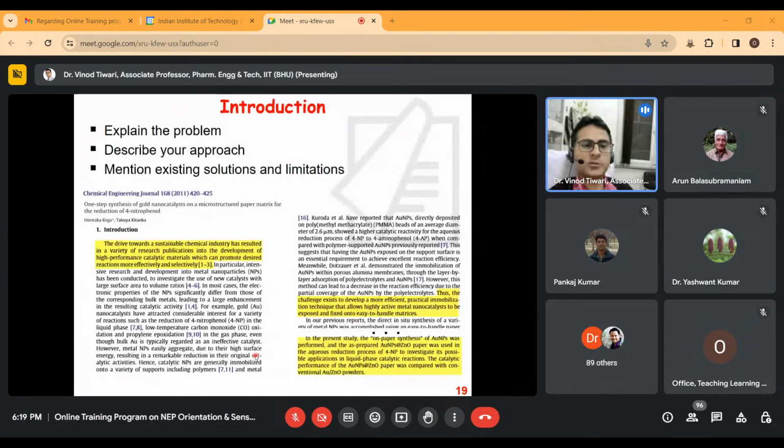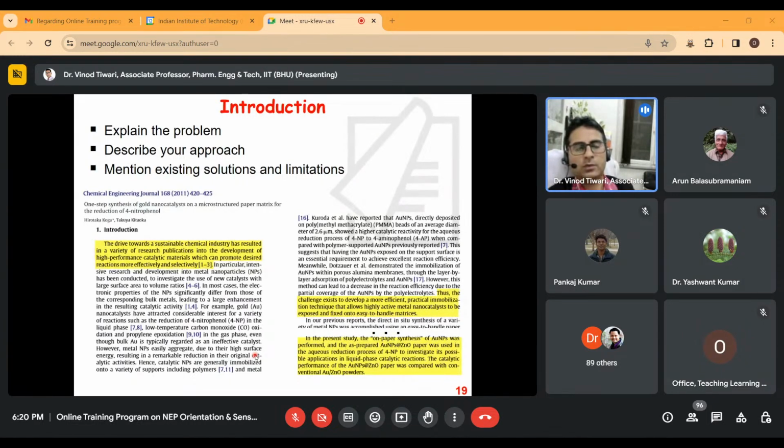Now this is the next part of your manuscript, another important part, which is the introduction. Most of the time, people don't understand why this introduction part is important. And sometimes they put content which is relevant for the discussion part or conclusion into the introduction.